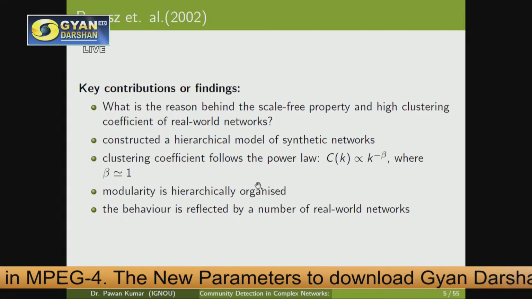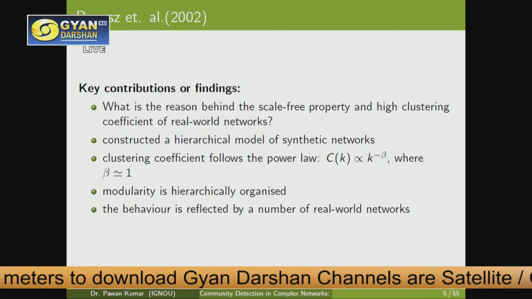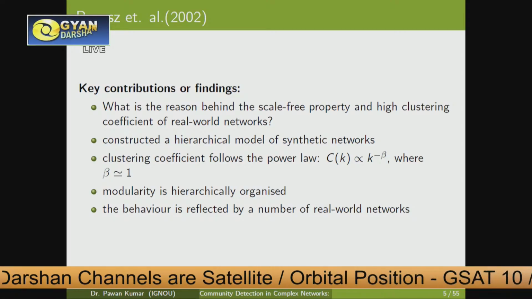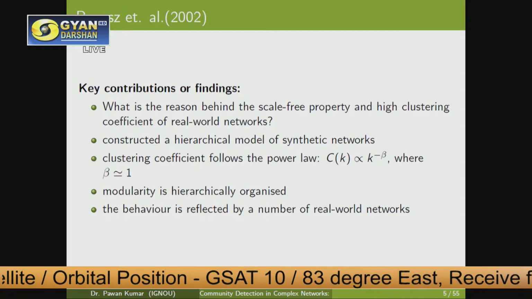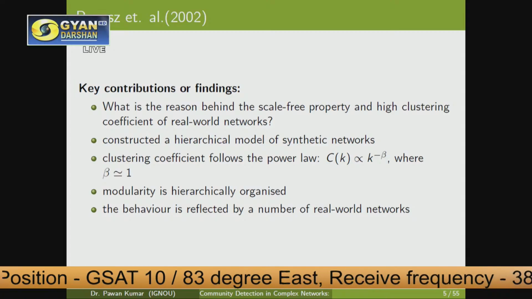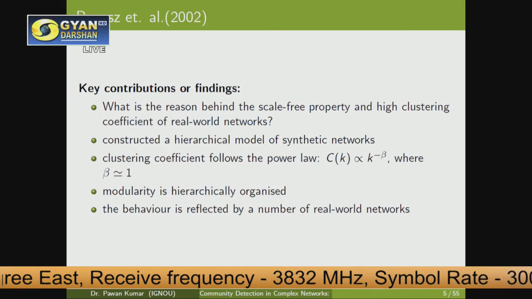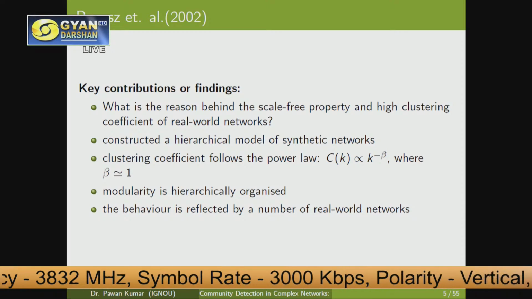And then they also discovered that the modularity is hierarchically organized. So these were the three fundamental articles where you can see that three fundamental characteristics of networks were discovered: the small world property, the scale free property, and the hierarchical organization.